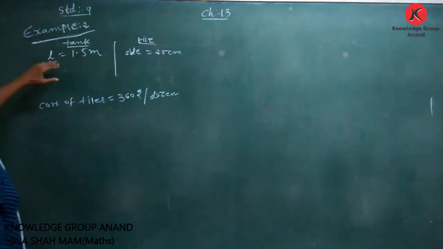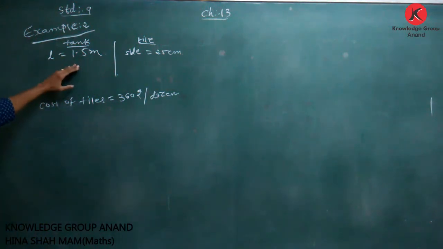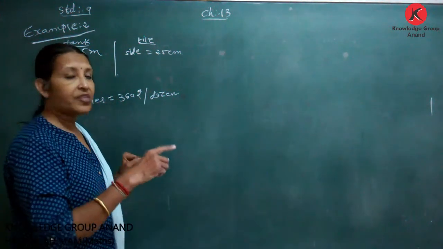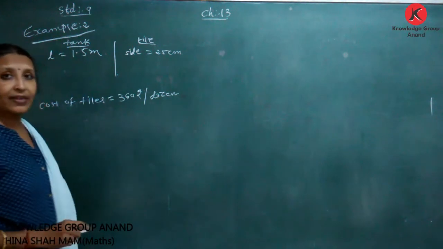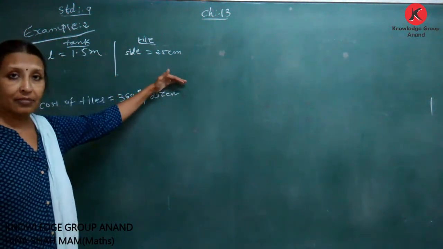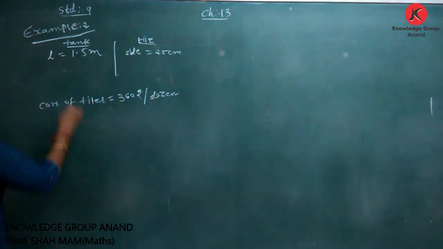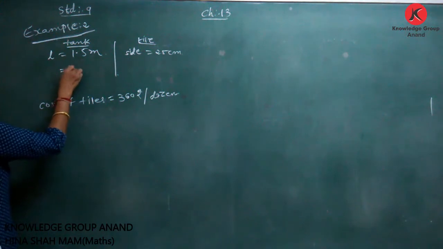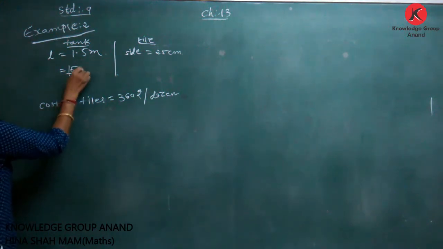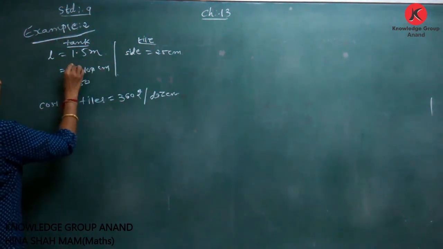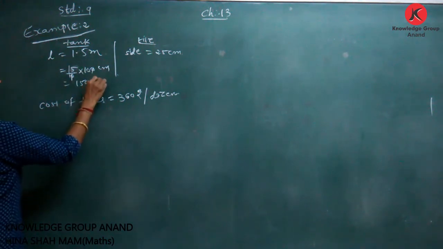Here the length is equal to the side of the cubical tank, which is 1.5 meter, and the tiles are square tiles with side equal to 25 centimeter. Here we have meter and centimeter, so we convert meter into centimeter. 1.5, that is 15 upon 10 into 100 centimeter, is equal to 150 centimeter.